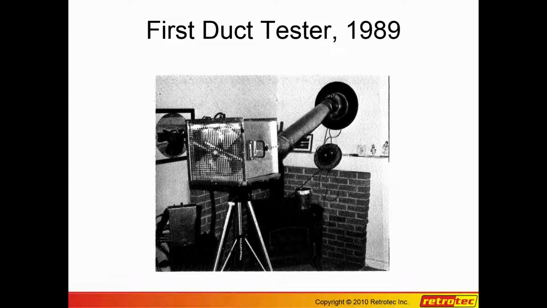But nevertheless, they did design the first duct tester, and this one was called the Duct Test Rig. I think they built two, and I think one might be in the Smithsonian, I'm not sure.